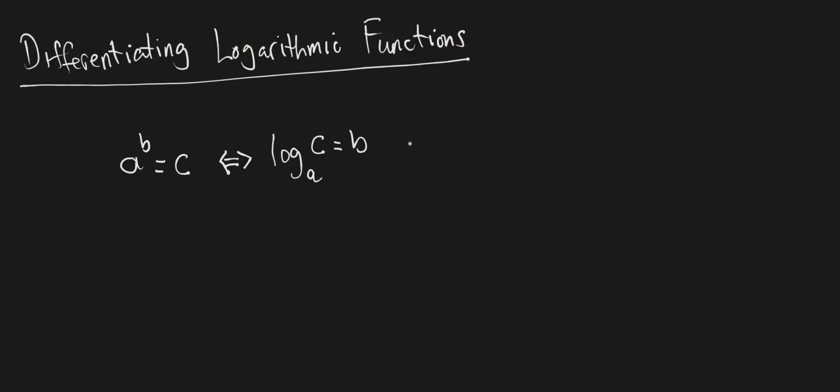So you can have simple expressions like, what is the log of 8 in base 2? Because 2 to the third power is 8, the log of 8 in base 2 is 3.